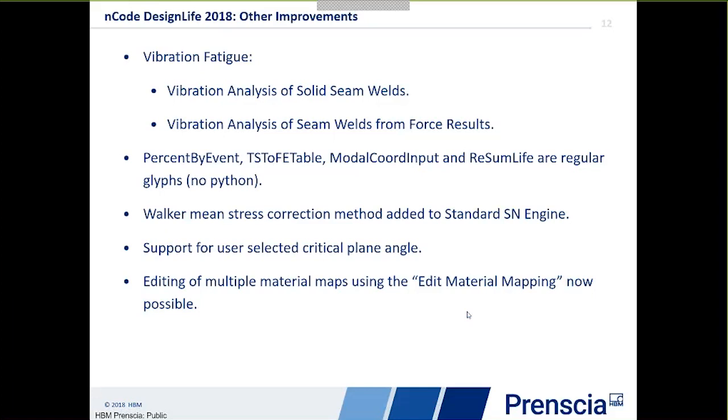So sometimes you might want to create a flow where some of the users don't have access to advanced edit, but they still need access to material mapping. So this will allow you to do that even if you've got multiple material maps. So I think that's it for what's new in Design Life.